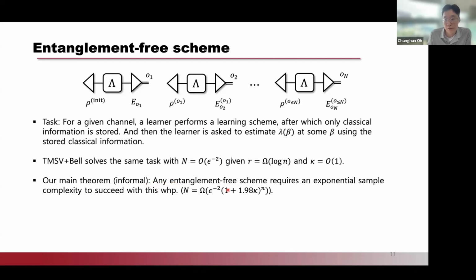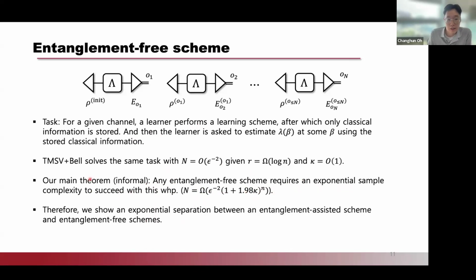Any entanglement-free scheme requires an exponential sample complexity to succeed at this task with high probability. More precisely, the number of samples has to be lower bounded by some exponential factor with constant kappa. So this main theorem essentially says that there is an exponential separation between an entanglement-assisted scheme and an entanglement-free scheme.